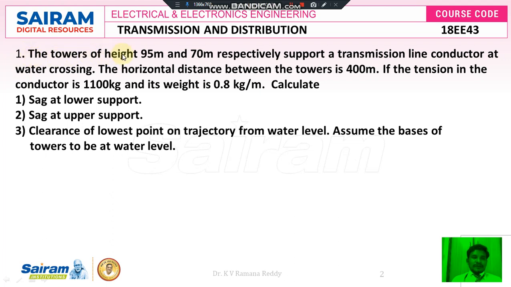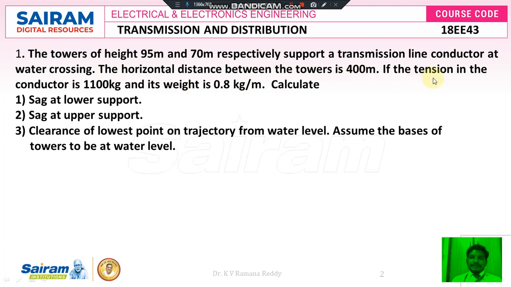The towers of height 95 meters and 70 meters respectively support a transmission line conductor at water crossing. The horizontal distance between the towers is 400 meters.